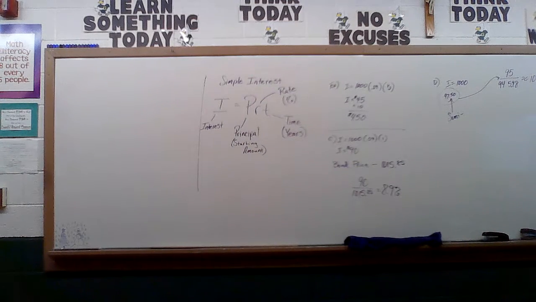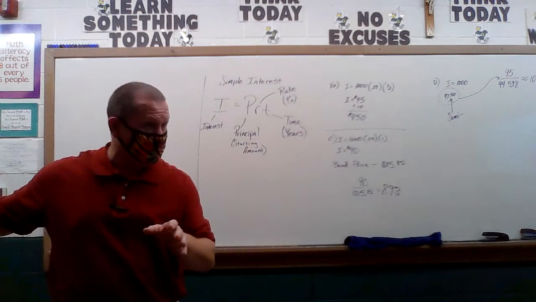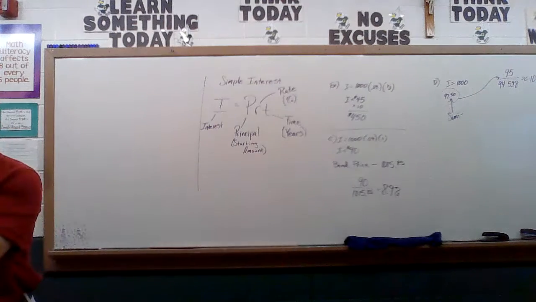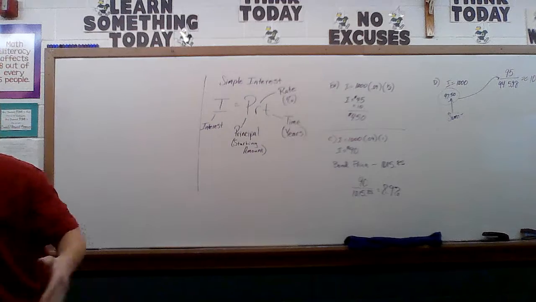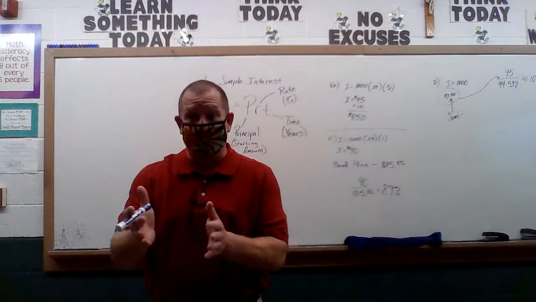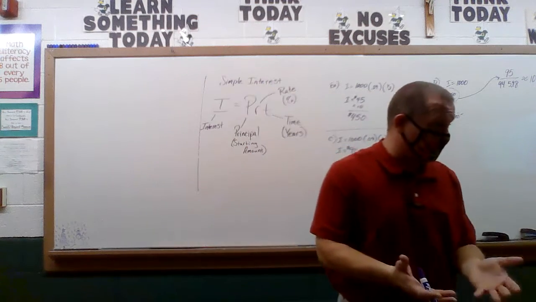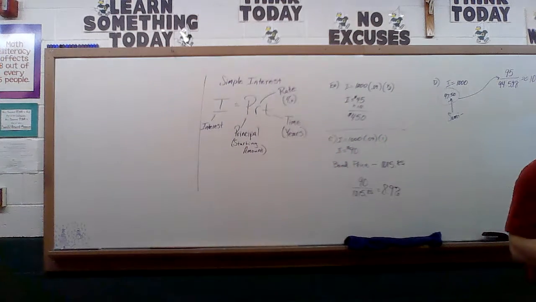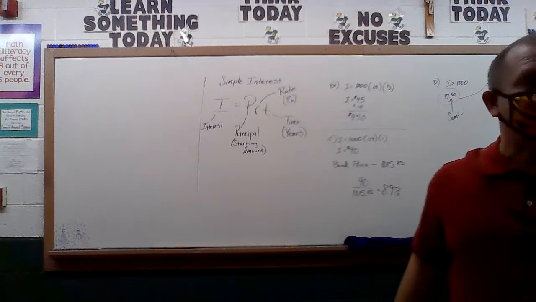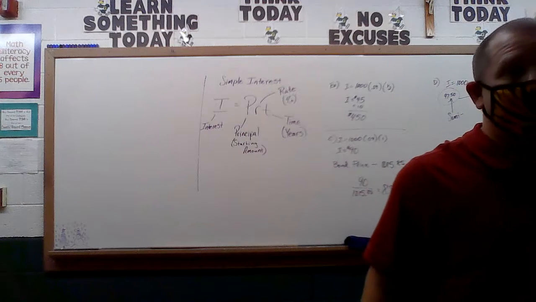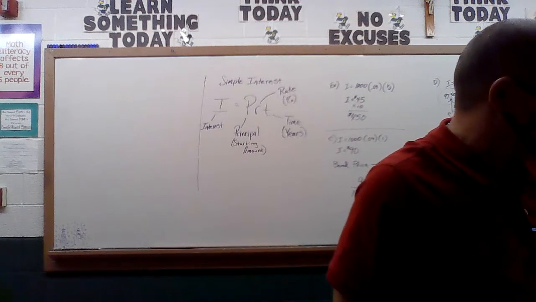Accrued interest means I'm building interest all the time through my 6-month period. After the first month, it's going to be, let's say, $8. After the second month, we'd have another $8, so the accrued interest would be $16. And then 24 after 3, and so on and so forth. They're telling you how much it is, and you can figure that out per bond on every single problem if you wanted to. They're shortening the process.